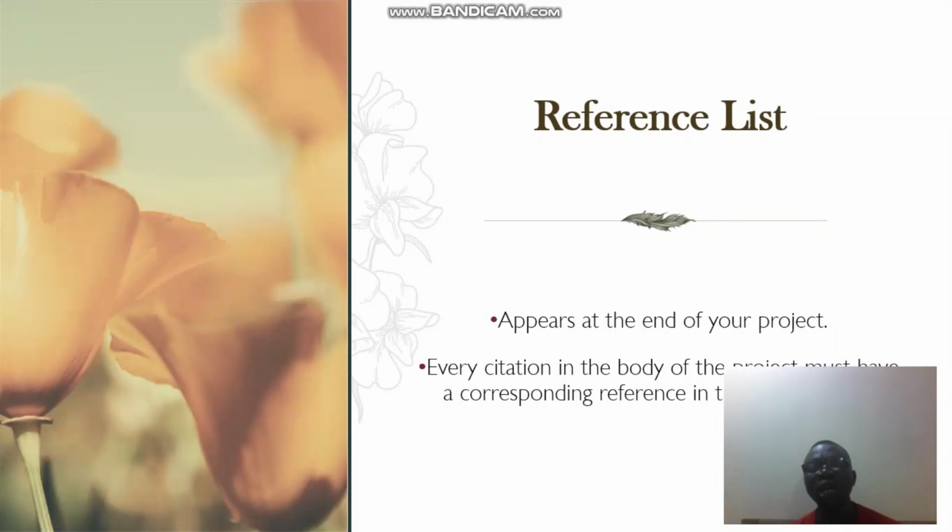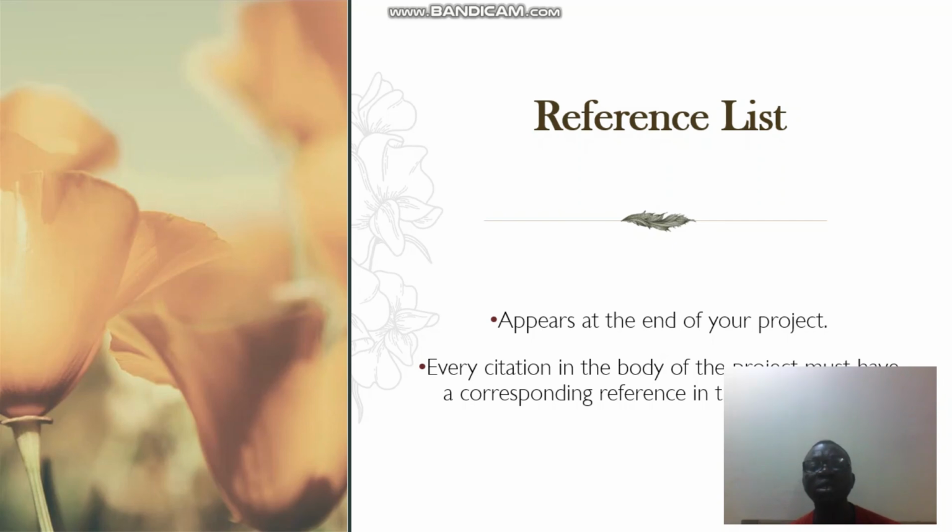So then you also have the reference list. Okay, the reference list here is telling us that all the citations that have been made, every in-text citation that you've made in the body of your project, of course you will always have them written on your reference list at the end of your project.